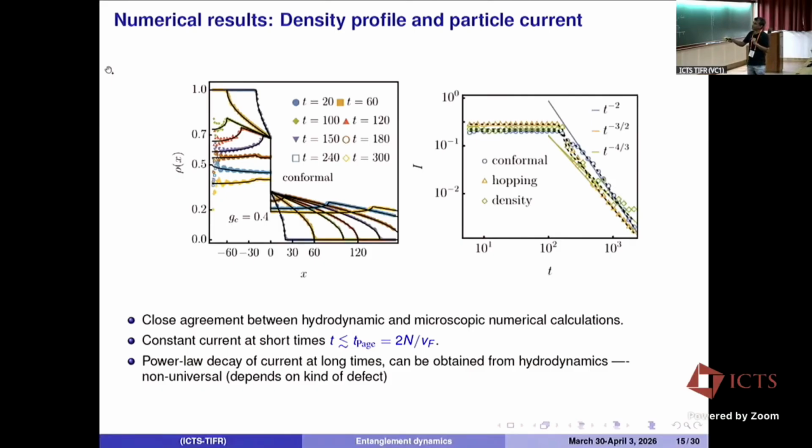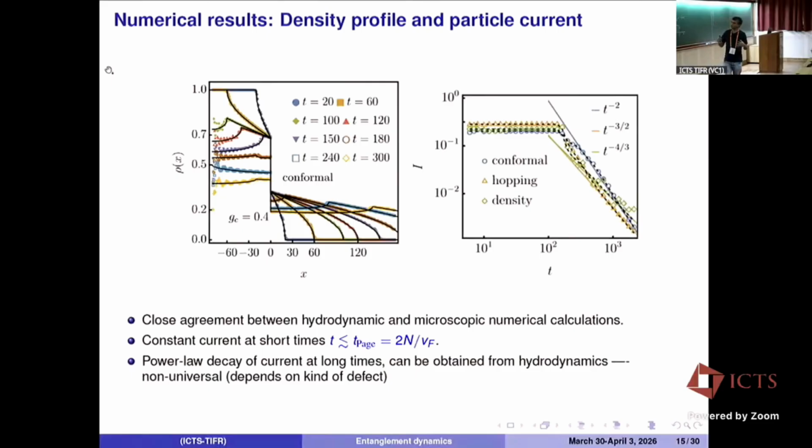And then with time, the density evolves. There's this funny thing at the jump at the boundary, but you can see that the hydrodynamic theory reproduces the exact numerics extremely well. And this is the current of particles just at the junction. What we find is that it remains constant till some time and then starts decaying.